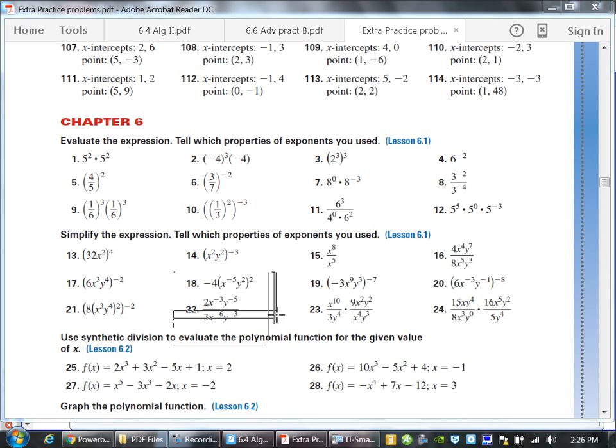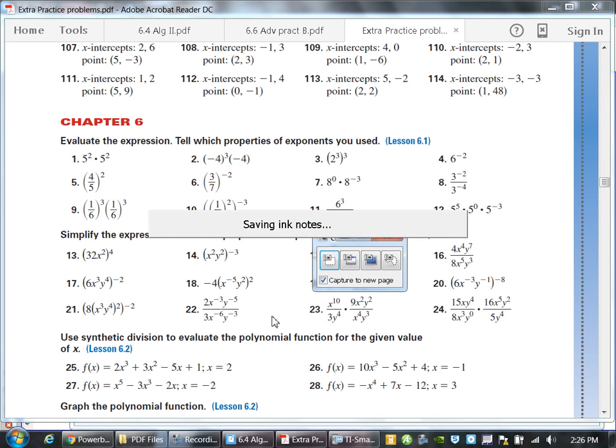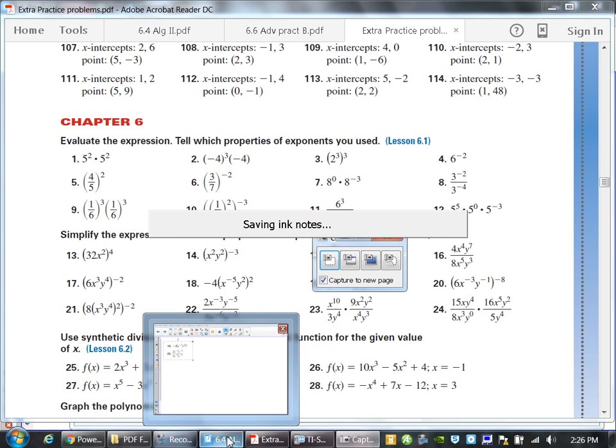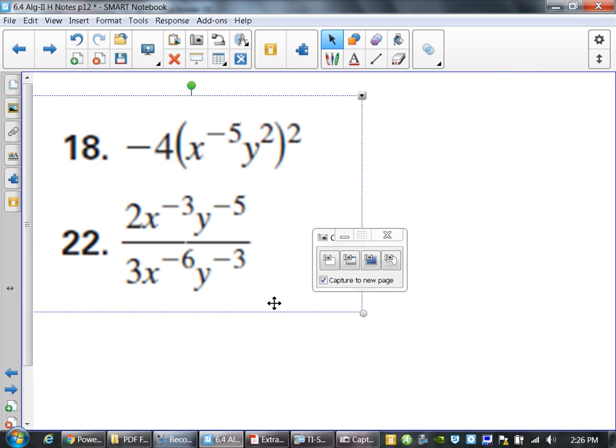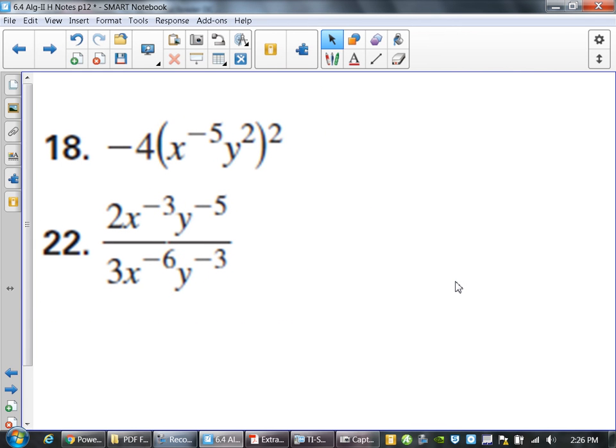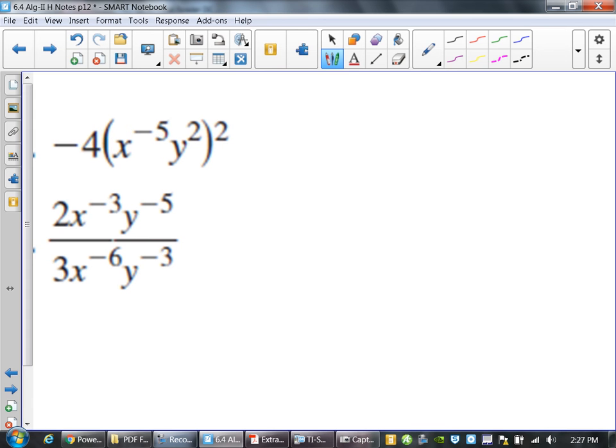Let me try this again. So if I had to simplify these two, well, on 18, what do you do first? Distribute the exponent. Does it go to the negative 4? Why not? Good.